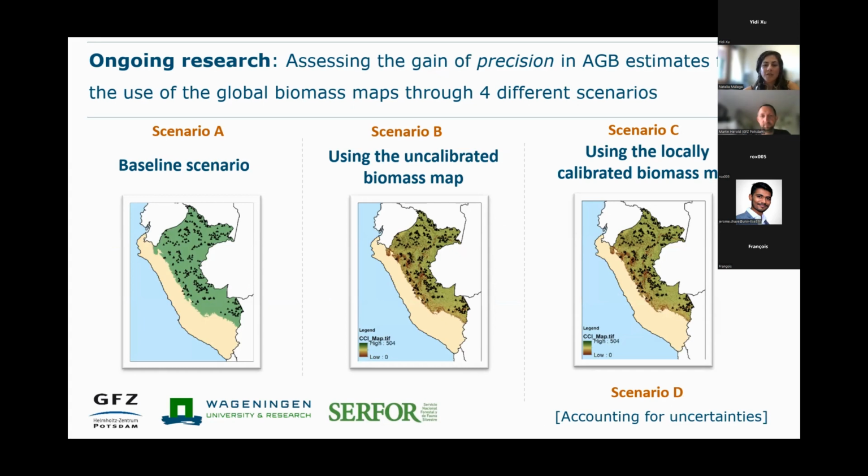That is, the variability associated with the measurements of the plot information, the geoposition, and the uncertainties that come from the fact that usually this National Forest Inventory data is smaller in size than the remote sensing based sampling units that we use from the map.